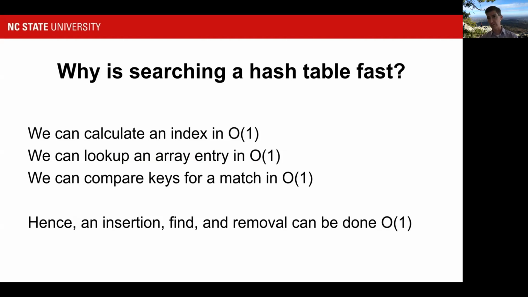So that's like 5 or 6 instructions. And we only have to do those same 5 or 6 instructions anytime we want to find something in the hash table, as opposed to looking through an entire list. So that means that insertion, find, and removal can be done in O(1) time. Okay, so this is extraordinarily quick.